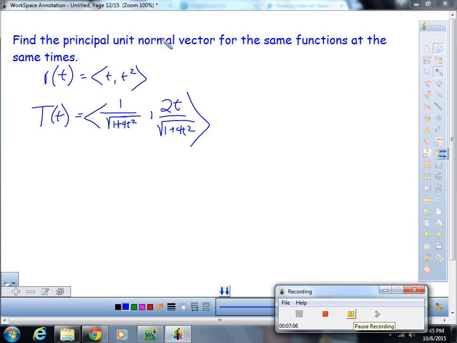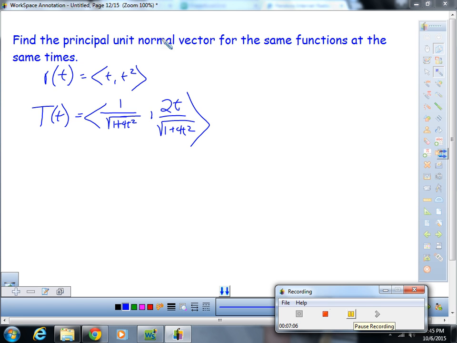It means that it's orthogonal to the motion. There are infinitely many vectors orthogonal to the motion. The principal one is going to turn towards the concavity. That's why it's the one that we care about. Eventually, it's going to put our motion in a plane, and that'll help us out for a lot of reasons.